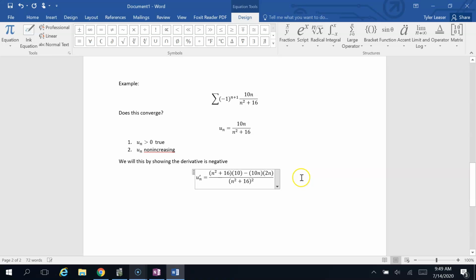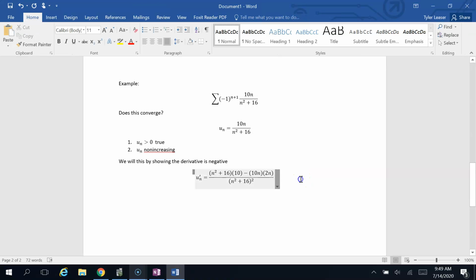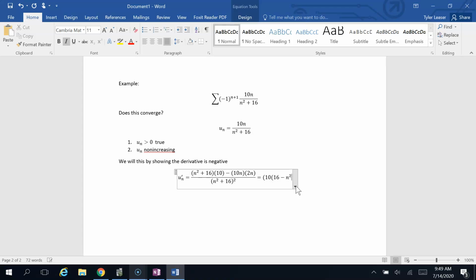Great. Okay, so we want to simplify this down a little bit. So combining like terms and multiplying out the numerator, just double check to make sure that you're getting the same thing I'm getting here: 10 times (16 minus n squared) divided by (n squared plus 16) all squared.